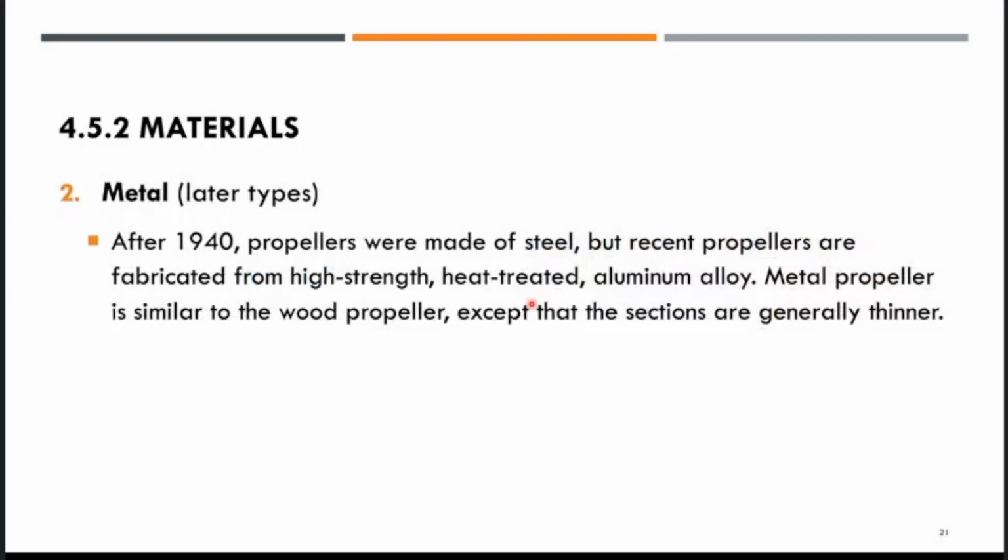Then we had metal propellers. After the 1940s, propellers were made of steel, but recent propellers are fabricated from high strength, normally heat treated aluminum alloy. A metal propeller is similar to a wood propeller, except that the sections are generally thinner. There are advantages and disadvantages of having either wood or metal.